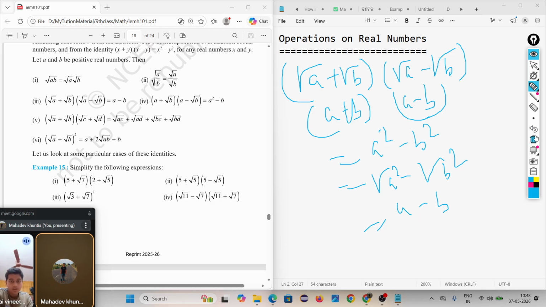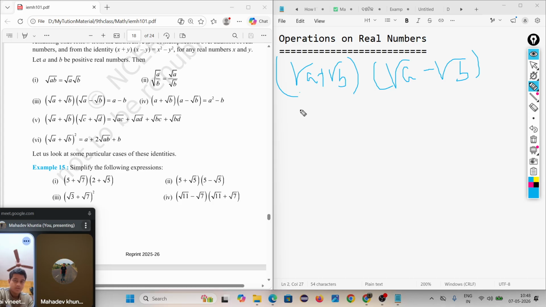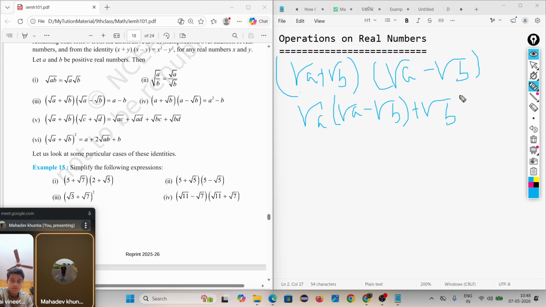If you check, otherwise look. Root A plus root B whole into root A minus root B. What does it mean? Root A multiplies with these terms, plus root B multiplies with these two terms. Root A into root A, your answer will be root A square, that is A. Minus root AB, first property.